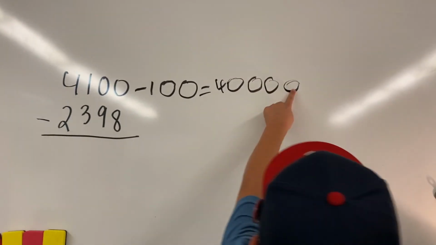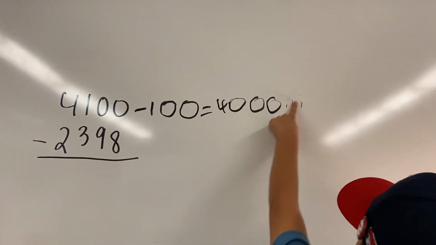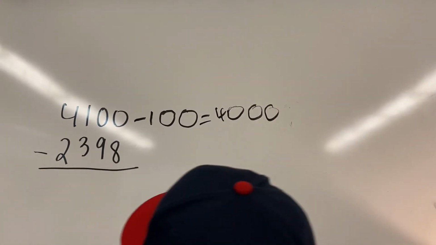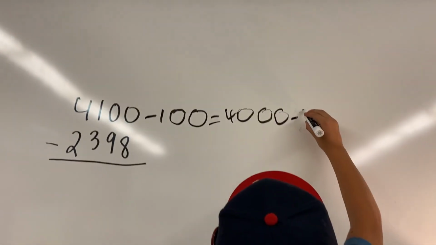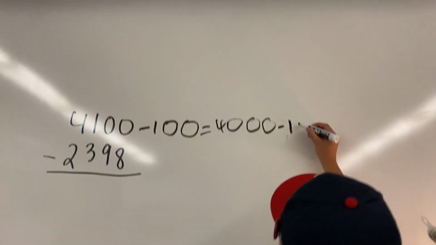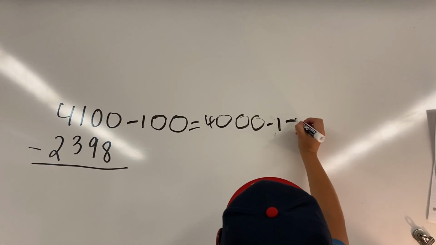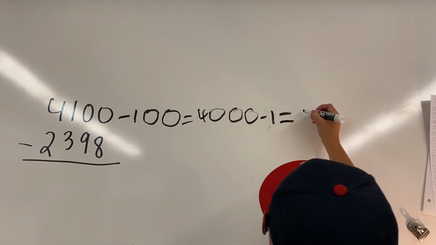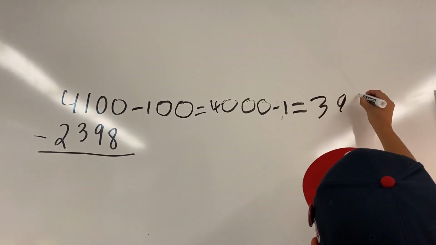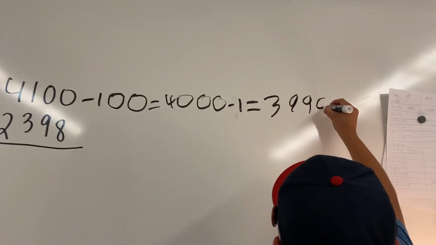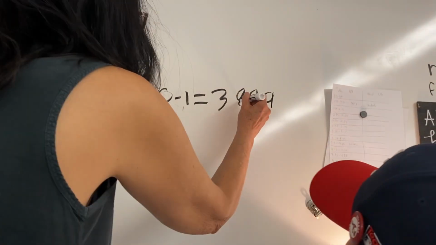Oh wait, no, that's 40,000. And then I said I still don't like this problem, so I'm going to subtract 1 from it. That makes it 3,999.